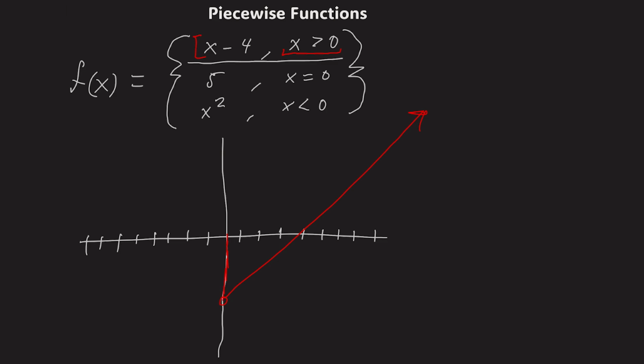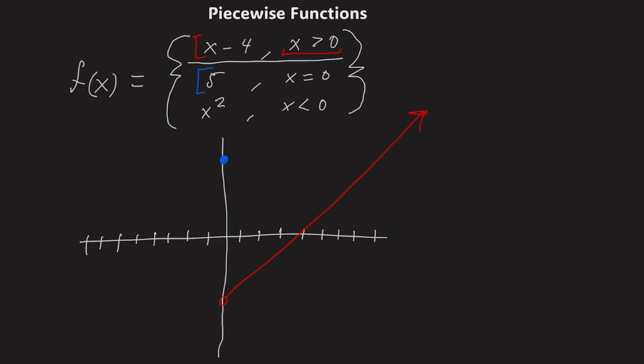So when we plug in x equals 0, we're going to get a different value, and that's going to be 5. So let's put 5 as a blue dot all the way up here. If we try to evaluate the function when x equals 0, then we're going to get 5 right here.